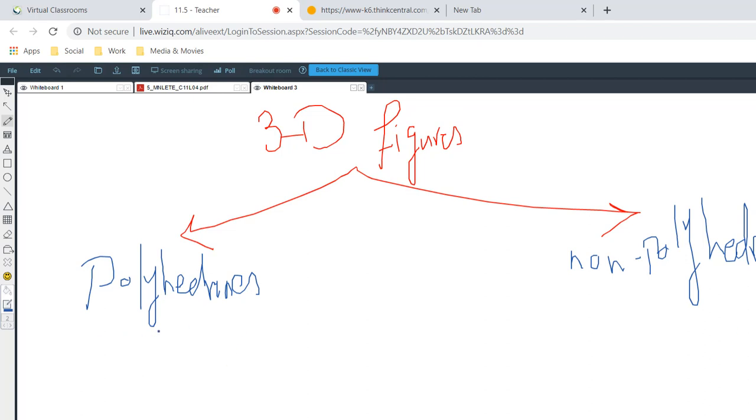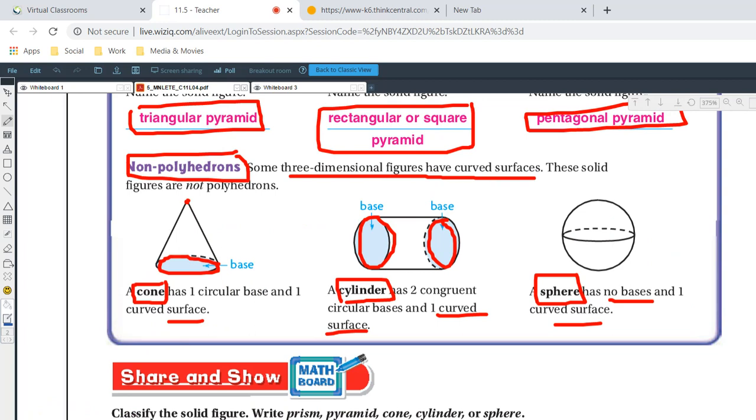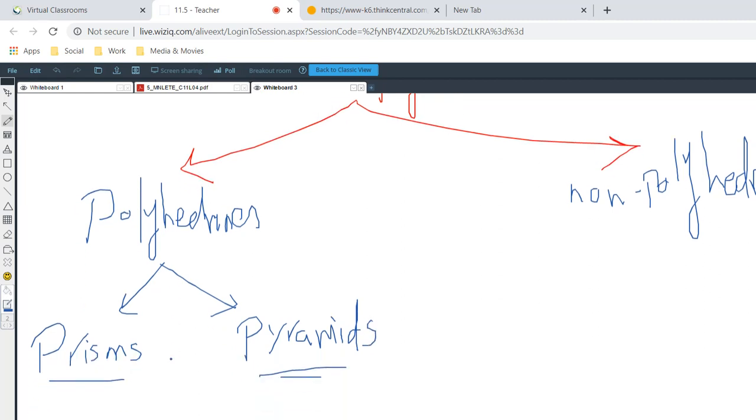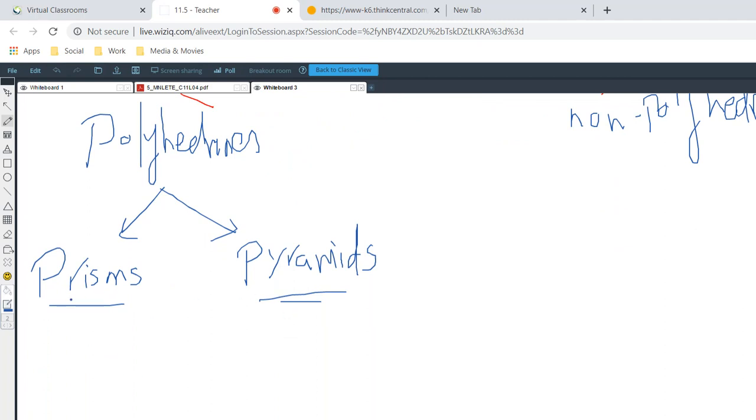Here we have two types of polyhedrons: prisms and pyramids. The differences between pyramids and prisms: first, prisms have two congruent bases, like your room.